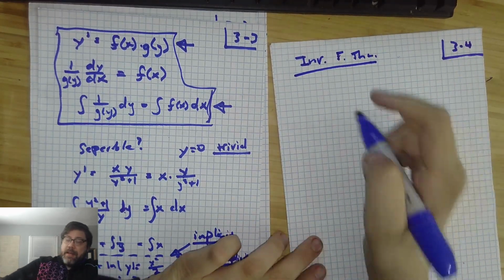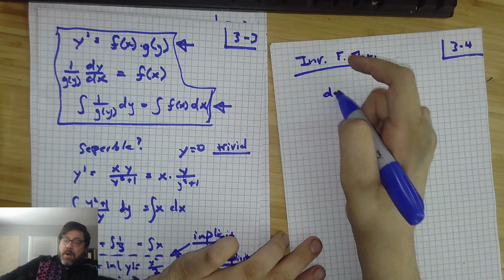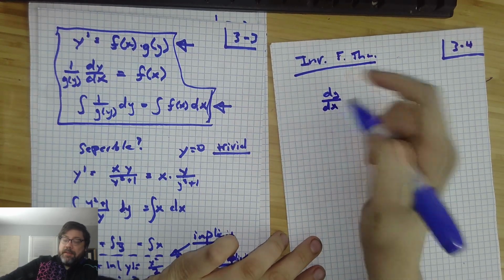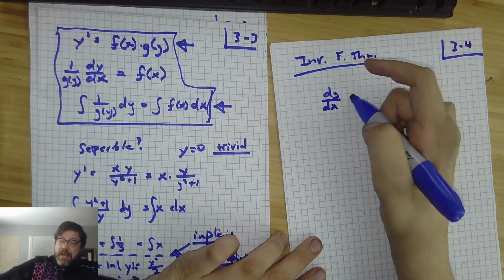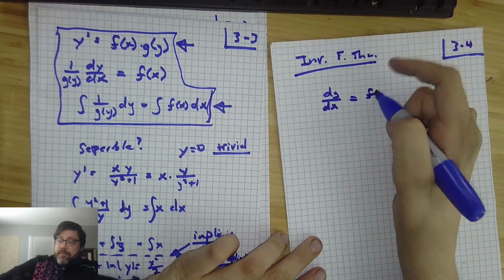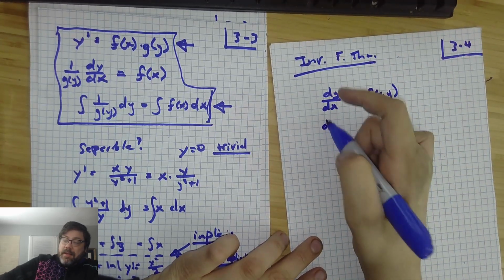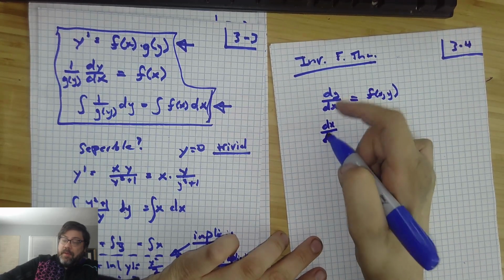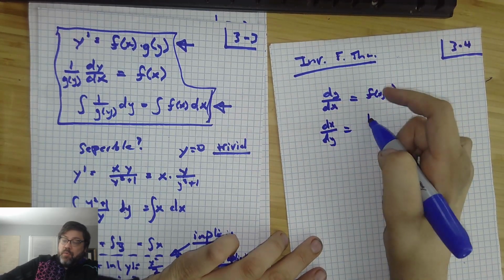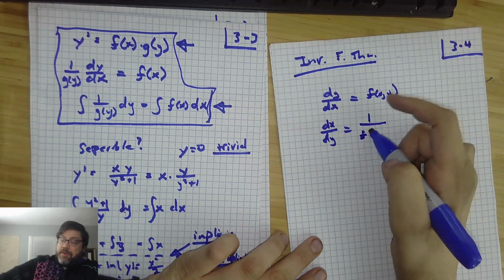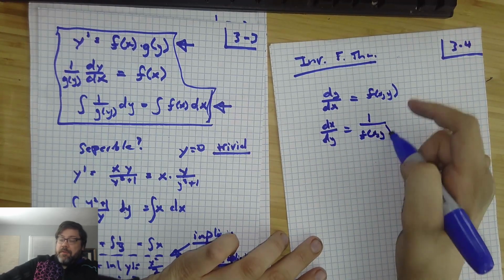This comes in handy, and this is to say that if dy/dx, the derivative of a function, equals some function of x and y, then dx/dy equals 1 over that function of x and y.